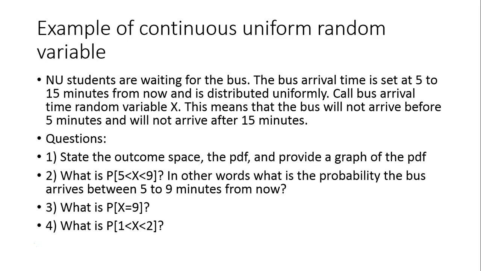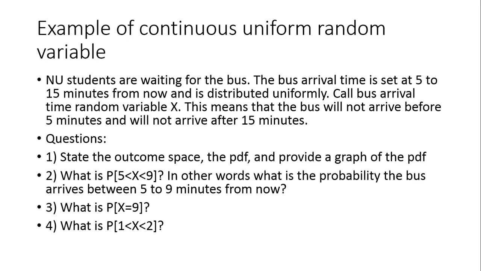Okay, everybody? So this is an example of a continuous uniform variable because the bus can arrive at 5 minutes and 5 seconds. It can arrive at 5 minutes and 50 seconds, or it can arrive in 7 minutes and 10 seconds, right? It can arrive at any time.